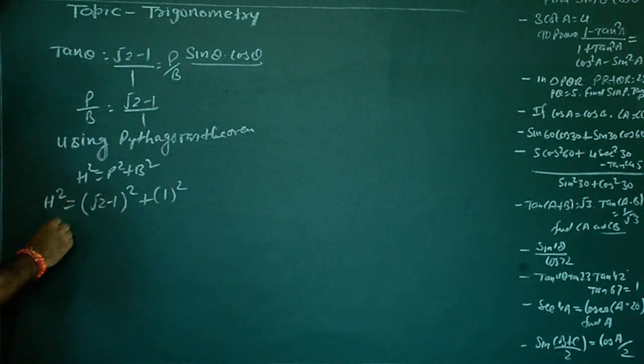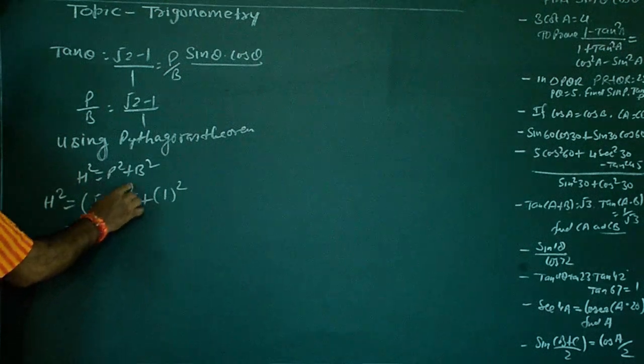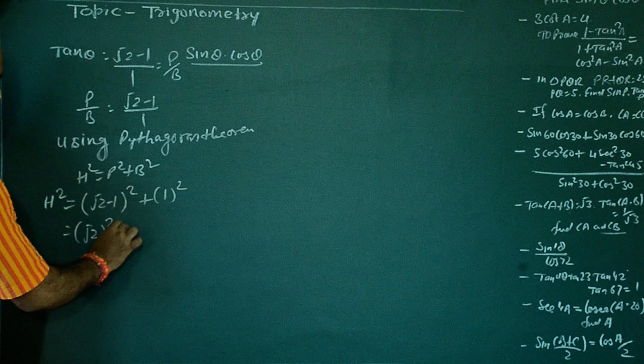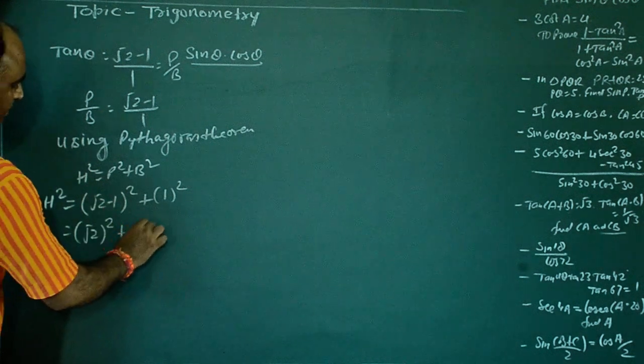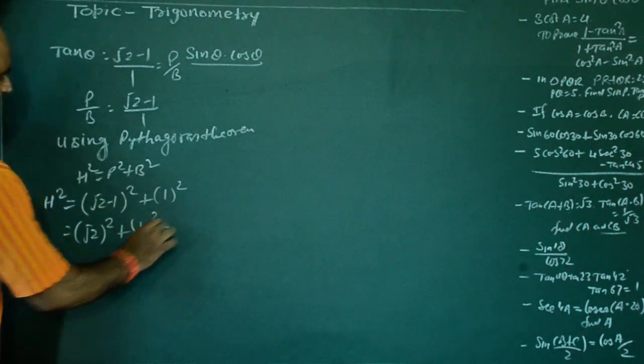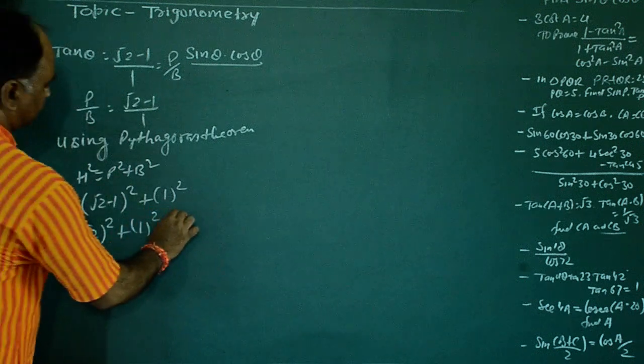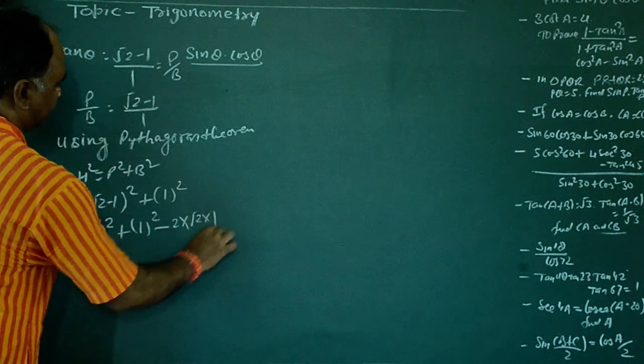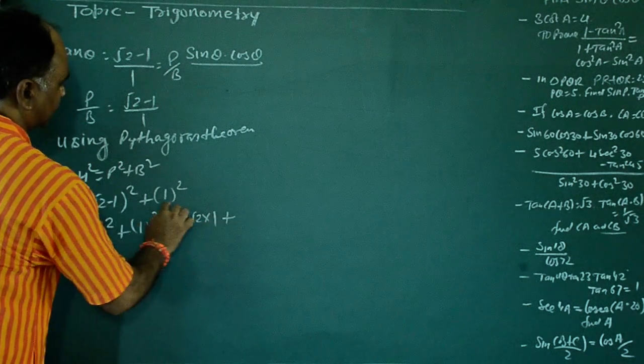Now (a minus b) whole square means a square, that is root 2 square, plus b square, that is 1 square, minus 2ab, that is 2 into root 2 into 1, and plus 1 square.